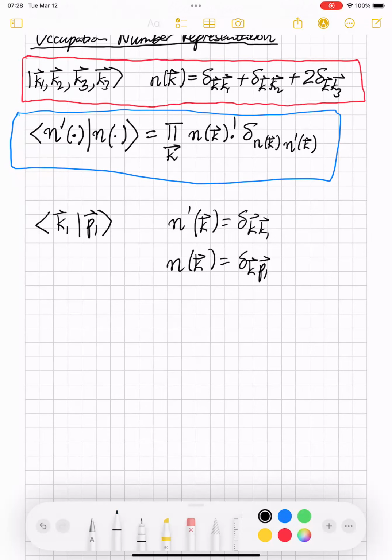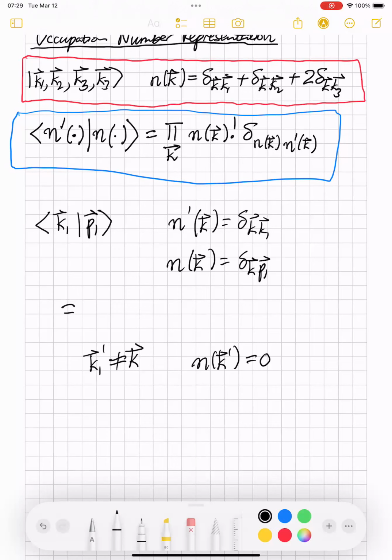So if we plug it into the right-hand side of the formula, we'll take a product over all ks.